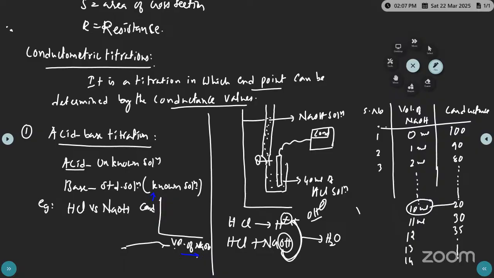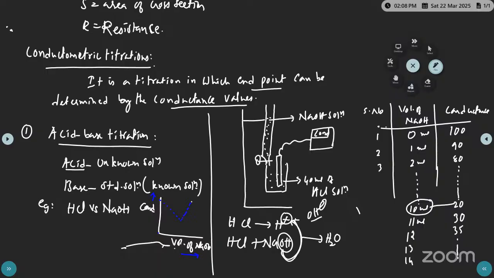So initially the volume of sodium hydroxide is 0. At 0 ml, what is the conductance? Maximum. And by adding sodium hydroxide, the conductance gradually decreases to a certain volume. And then the conductance ఏమవుతుంది? మళ్ళీ కండక్టెన్స్ అనేది ఇంక్రీజ్ అవుతూ వెళ్తుంది.